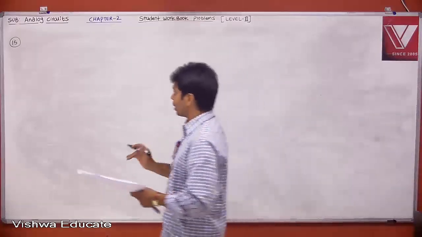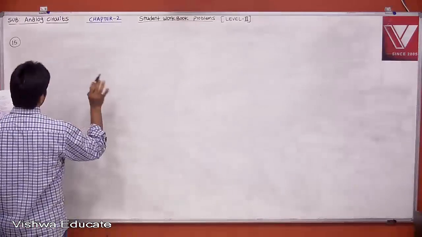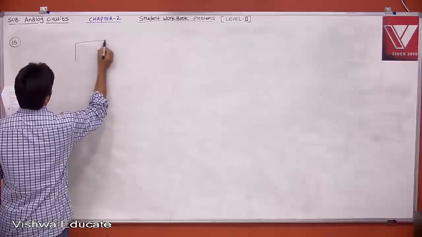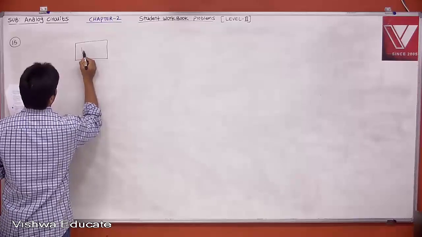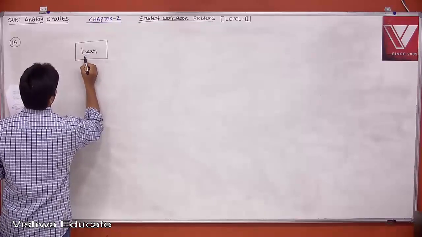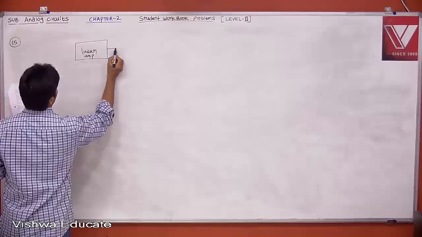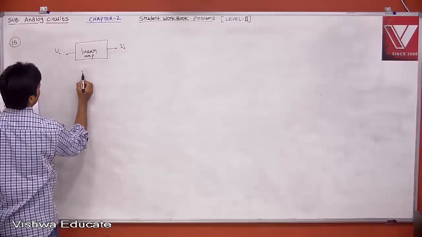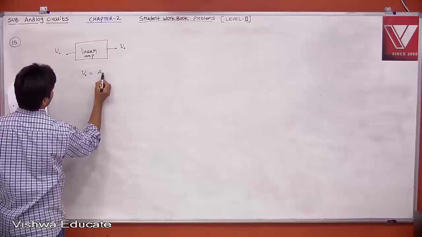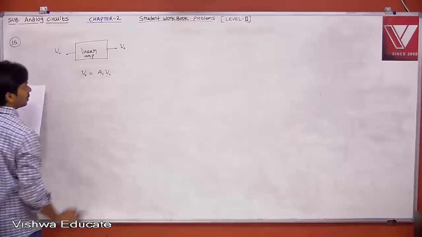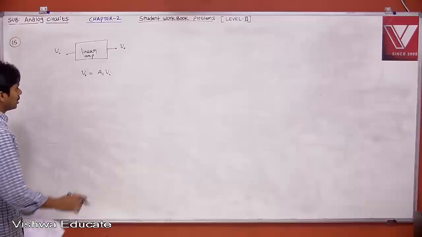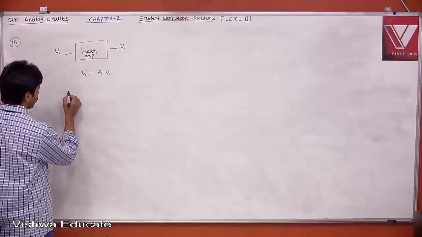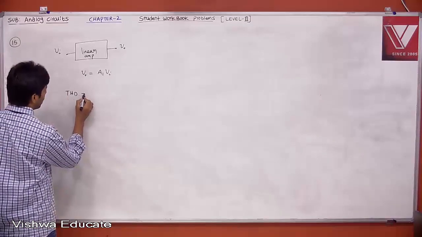Okay, just before that, just to explain, if you take a linear amplifier, this is your V0 and then Vi, right? What is V0? V0 is equal to A1 into Vi. Then what is your harmonic distortion? The total harmonic distortion is actually 0.